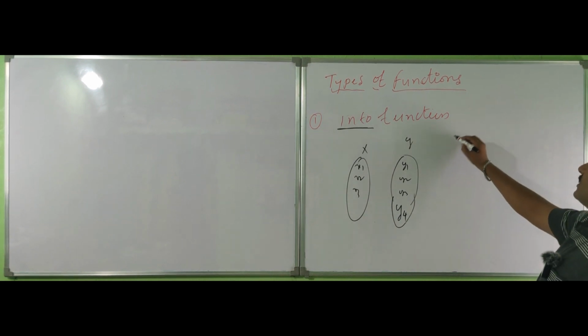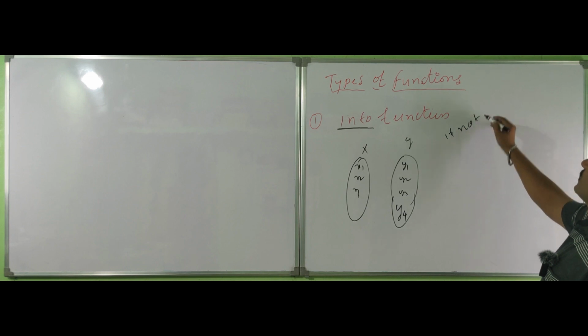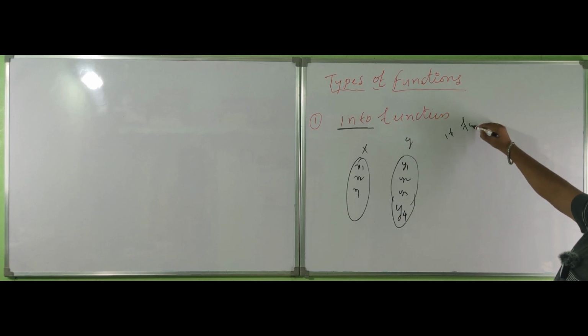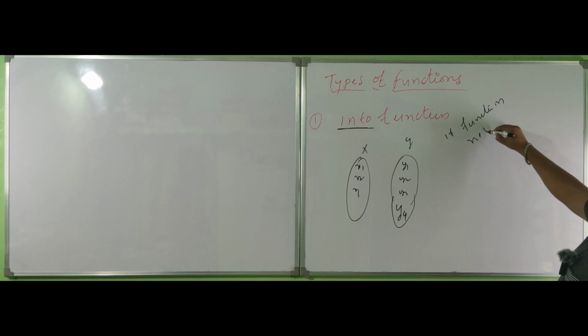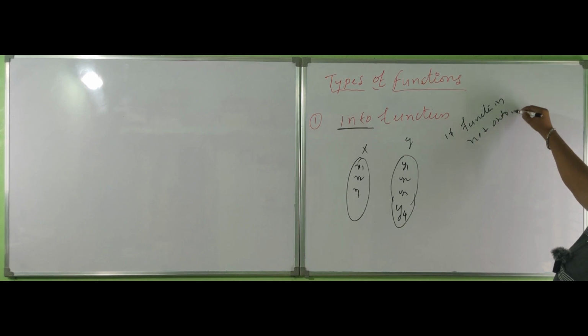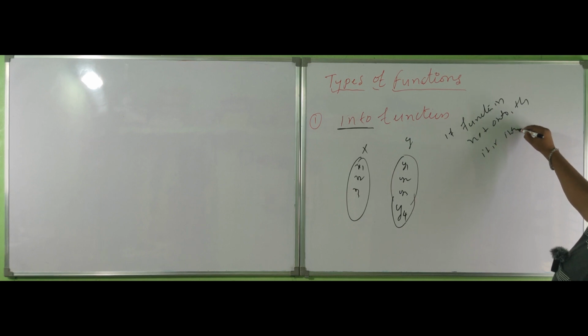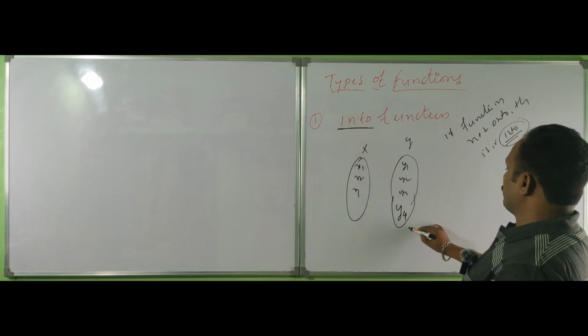If a function is not onto, then it is into. The range is this, and this is the codomain.